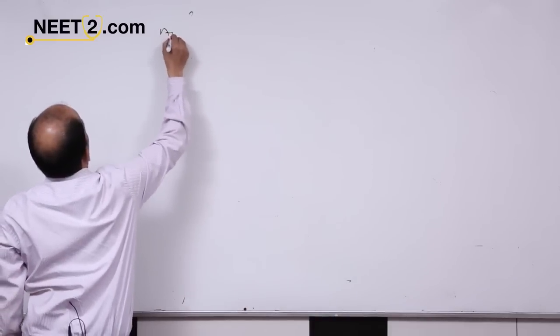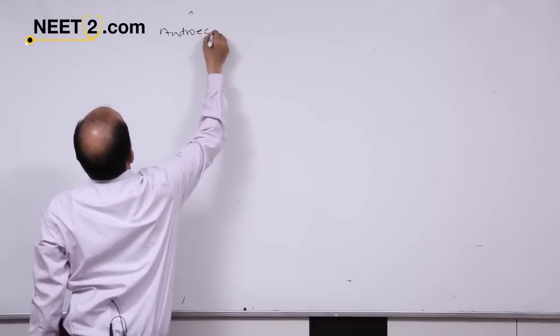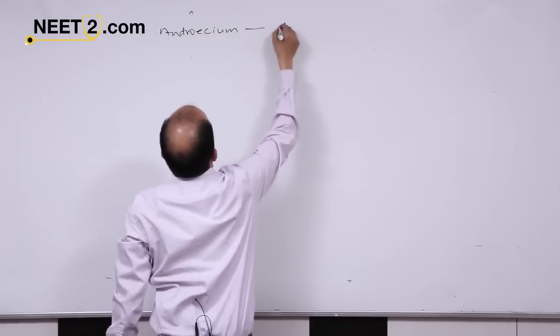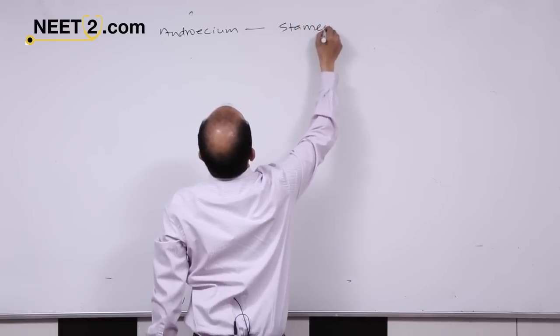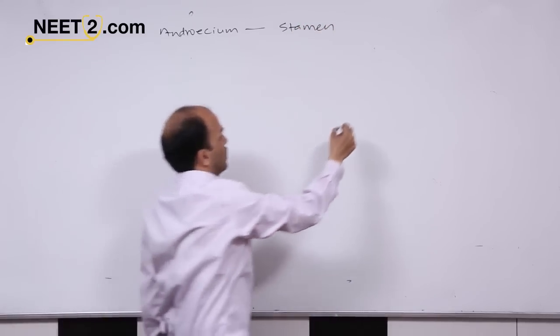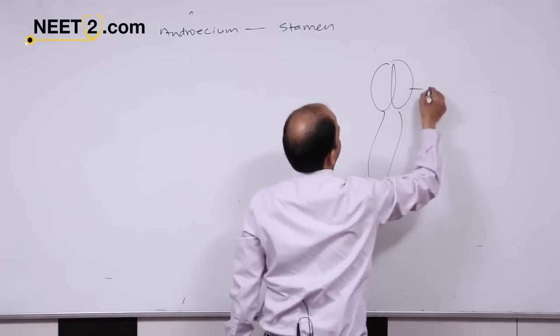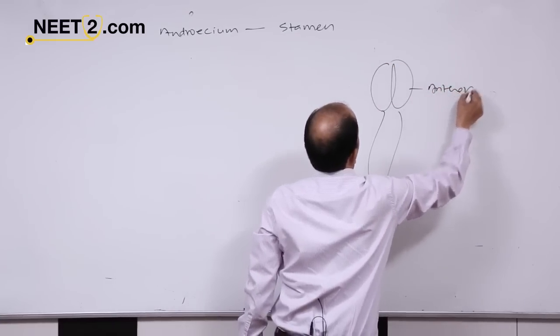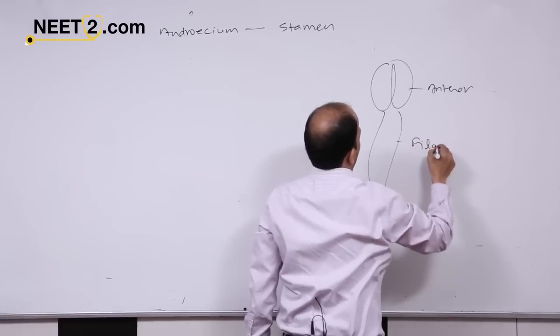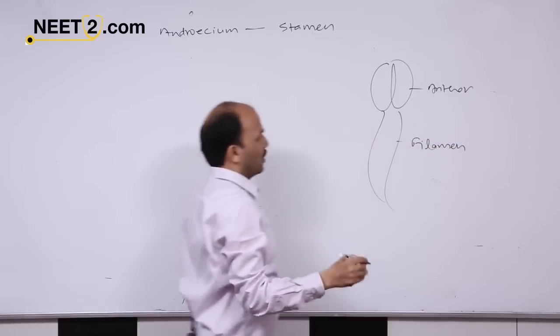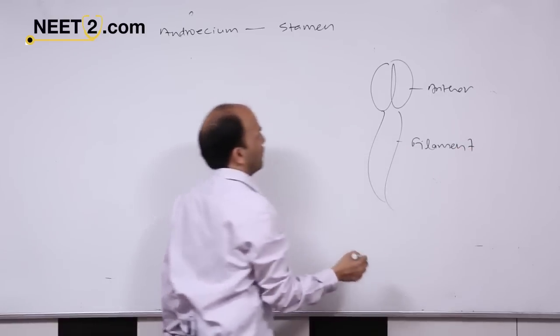If you talk about the male reproductive structure, that is androecium, the unit of androecium is the stamen. In the stamen, you will see the structure will be anther and filament. Both are joined by connective tissue. Anther is a fertile part.